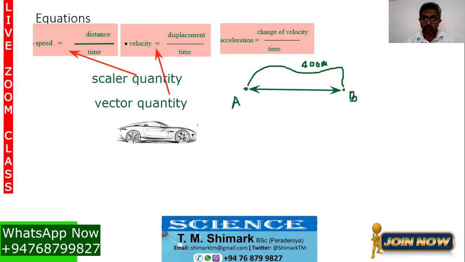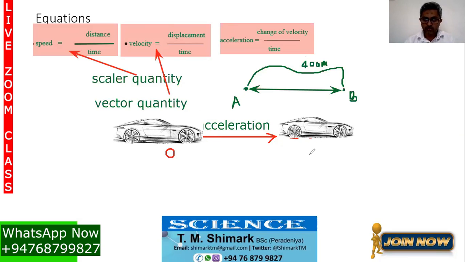Let's say a car is moving. Normally a car starts from speed 0 and goes accelerating. When the car accelerates and gains speed, it started with 0 speed and has reached some 20 to 30 meters per second. So there is a starting velocity and an end velocity of 20 meters per second.